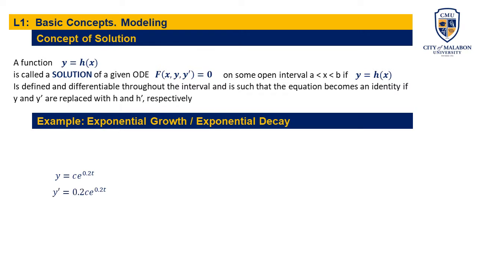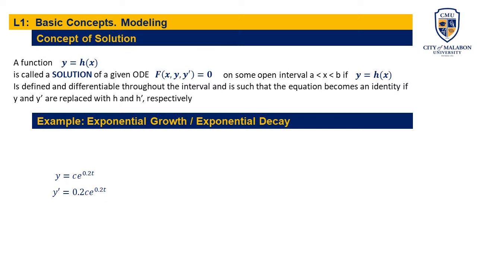If we differentiate this particular given, we will then have y prime is equal to 0.2 c e to the 0.2 t. We can see here that c e to the 0.2 t is equal to y.